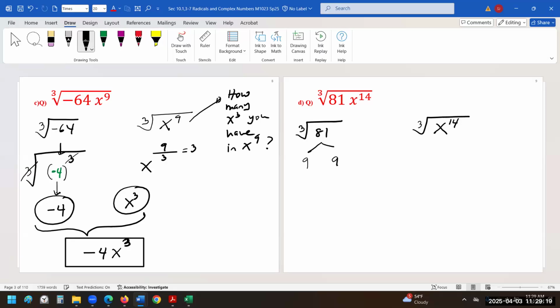But both of them are more divisible, right? So you divide them more. 9 is what? 3 and 3. That means if you multiply 3 four times, it will turn into 81. But we are looking for the same number how many times? 3 times, because we have a cube root.